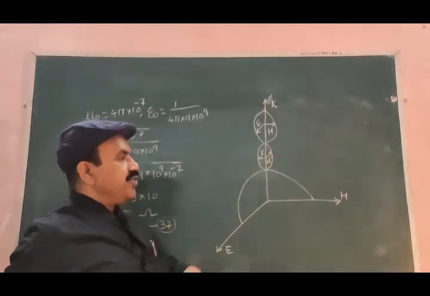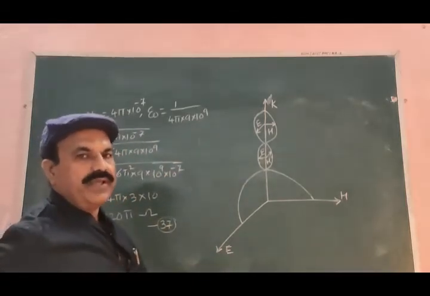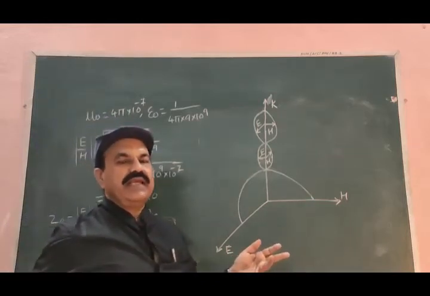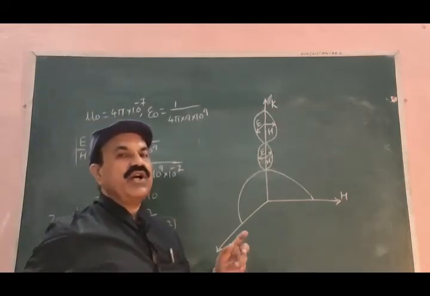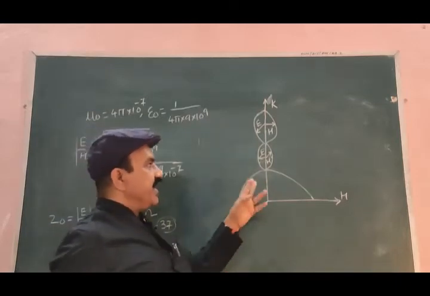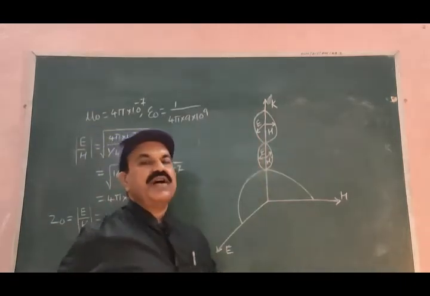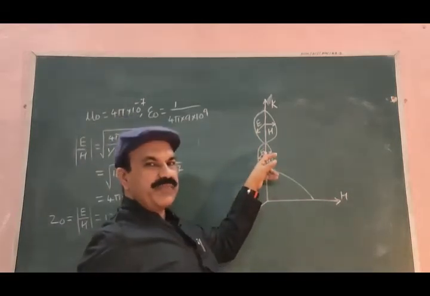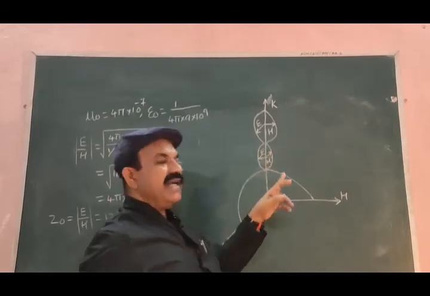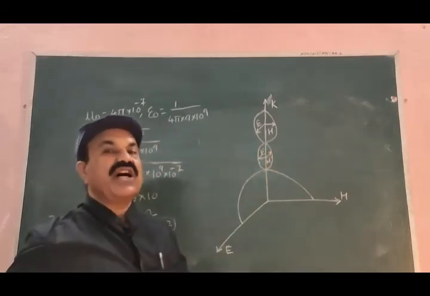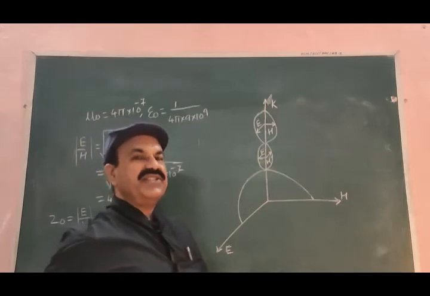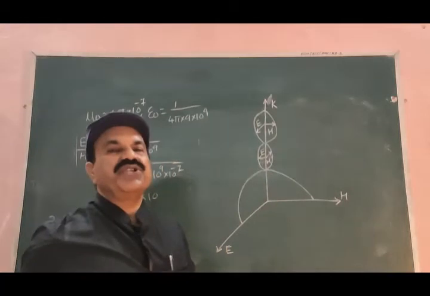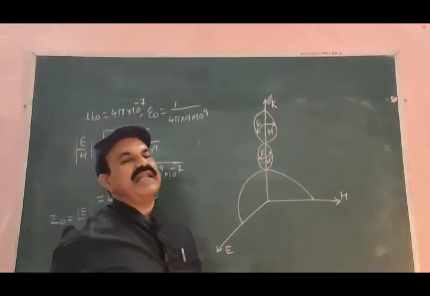So this way we can show the right-handed coordinate system represented by three orthogonal vectors E, H, K, and this is the propagation of the plane wave with the help of the electrical component E and the magnetic component H, which are always perpendicular to each other, and at the same time perpendicular to the direction of propagation of the electromagnetic wave.